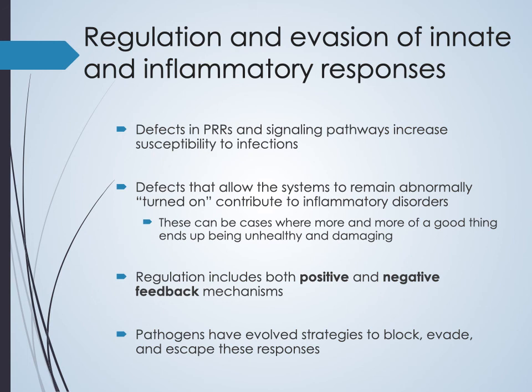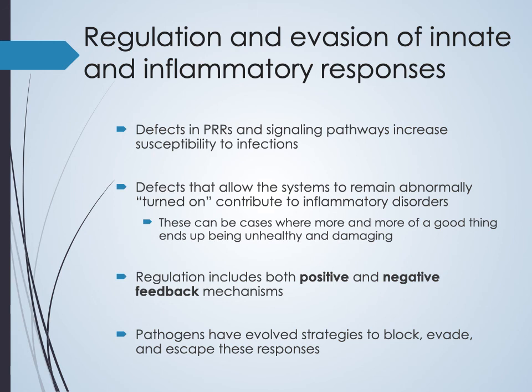So someone who has a mutation to a TLR wouldn't be able to respond to those pathogens specific to that TLR as well. And we can see this if we have mouse models that have mutations. They're going to be more prone to infection, but then obviously there's going to be humans that are going to have mutations or defects in these receptors and also their pathways.